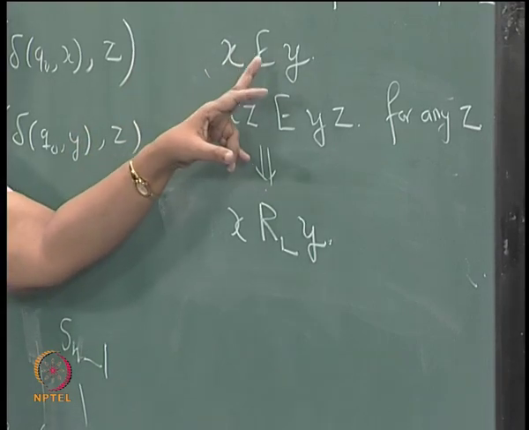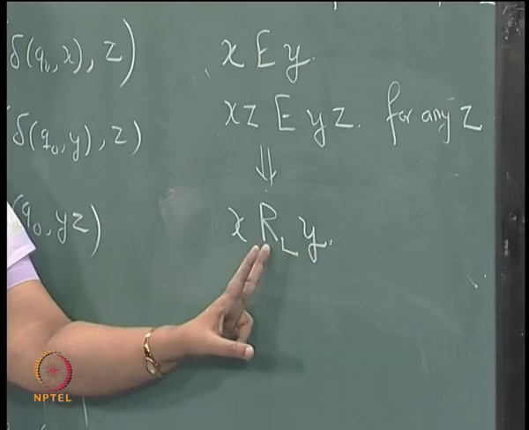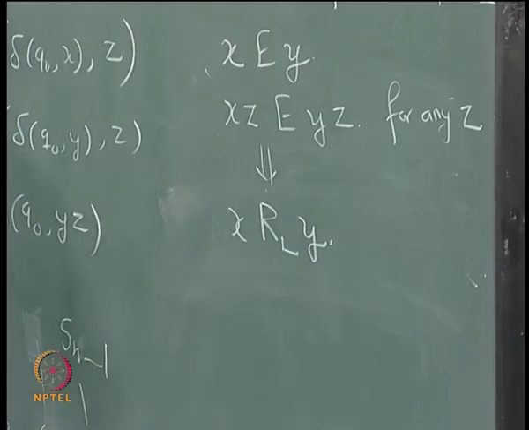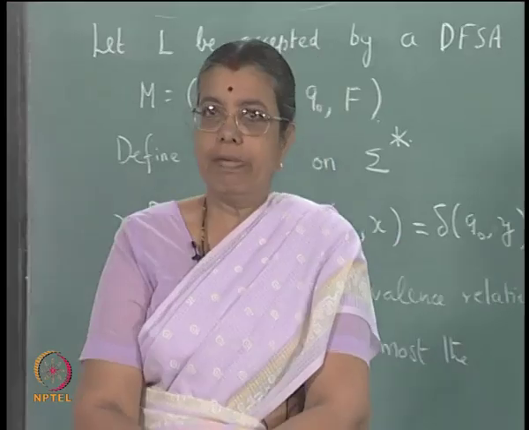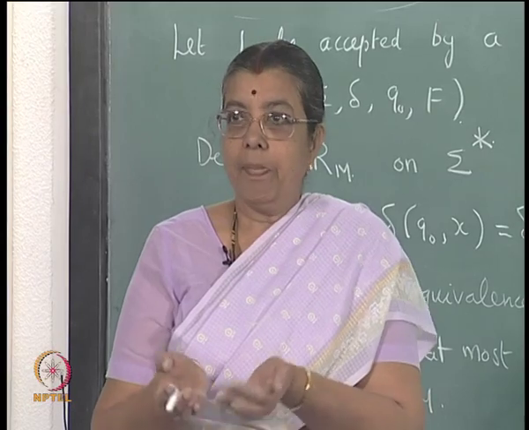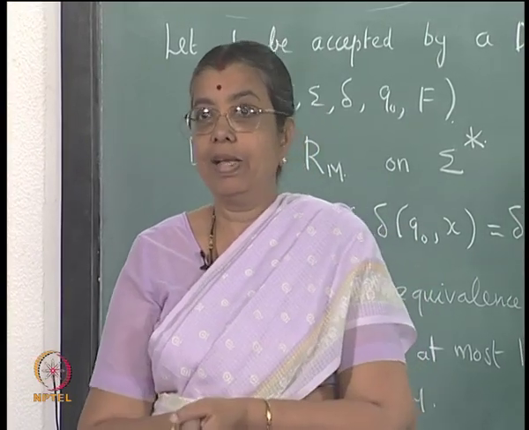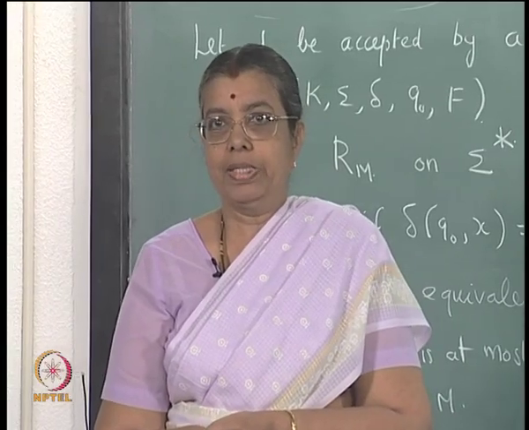If x is related to y by E, x is also related to y by RL, that means one equivalence class of E is completely contained in one equivalence class of RL. Maybe two equivalence classes of E together form an equivalence class of RL, it may be possible.